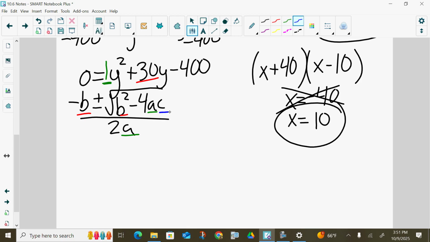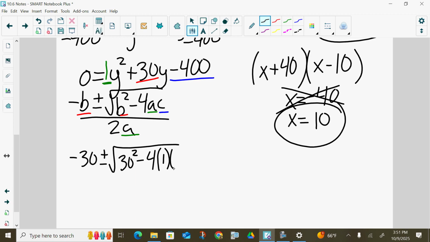And my c value is negative 400. So when I put this in, I should have negative 30 plus or minus the square root of 30 squared minus 4 times 1 times negative 400 all over 2 times 1.